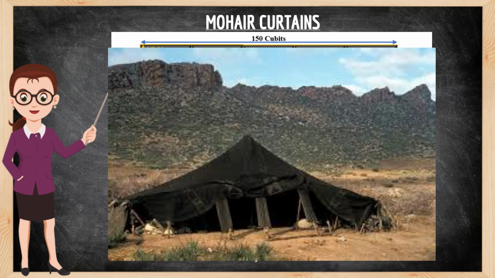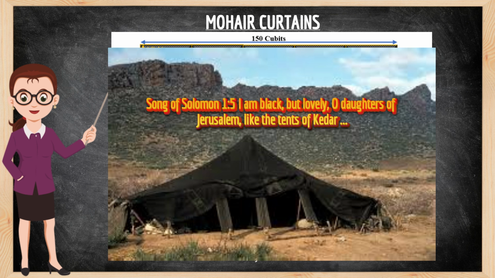There is also a confirmation of this idea again in the Song of Solomon, where the Shulamite compares her skin color to the tents of Kedar. Song of Solomon 1, verse 5. I am black, but lovely, O daughters of Jerusalem, like the tents of Kedar.